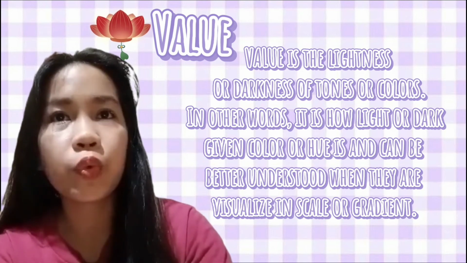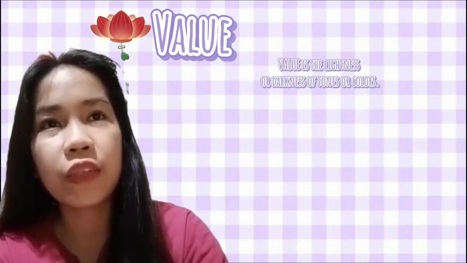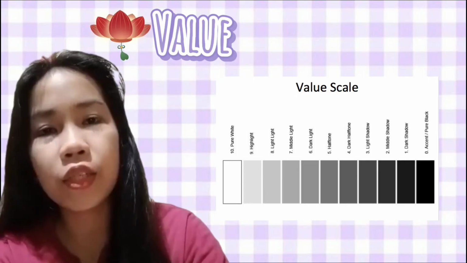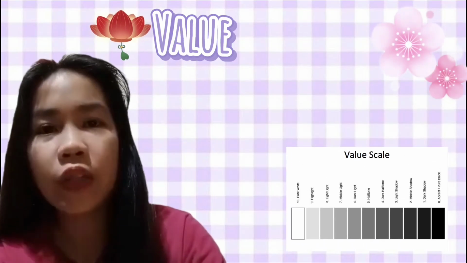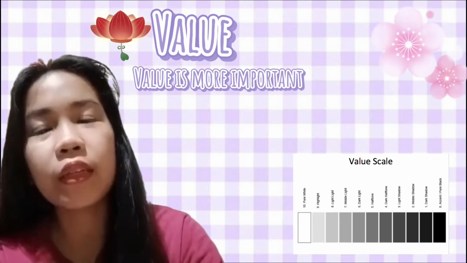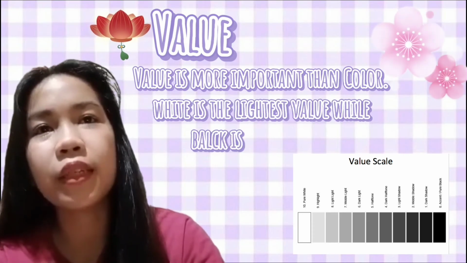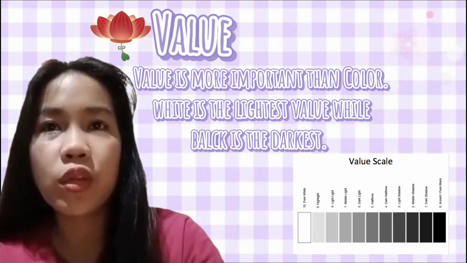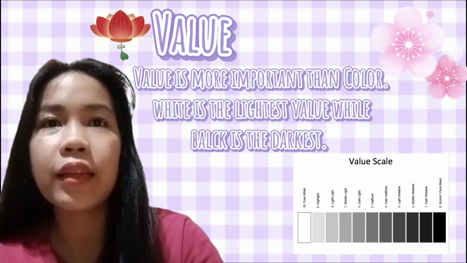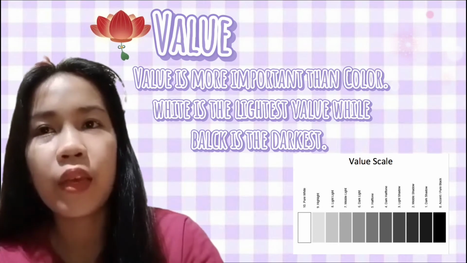Rather than in artwork, mas madaling maintindihan ang value if in a scale form since naka-arrange na siya from lightest to darkest tone. Value is more important than color. White is the lightest value while black is the darkest. And the value halfway between these extremes, in between white and black, is called middle gray.